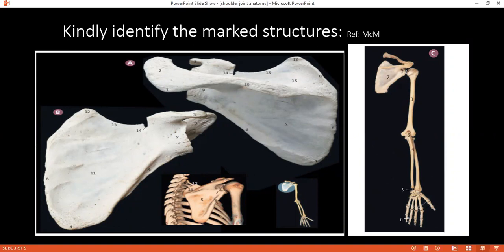Which muscle is responsible for the abduction of the shoulder joint? The initiation of abduction is by the supraspinatus muscle, and further abduction from 15 degrees to 90 degrees is by the deltoid muscle, and further abduction is with the help of trapezius and serratus anterior.